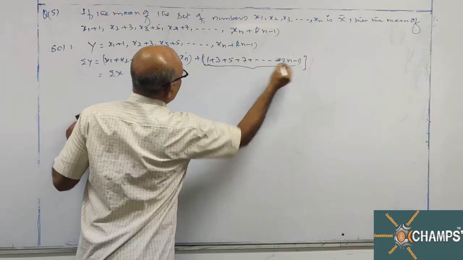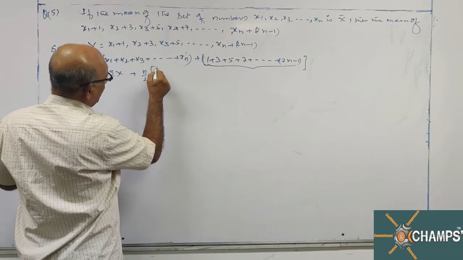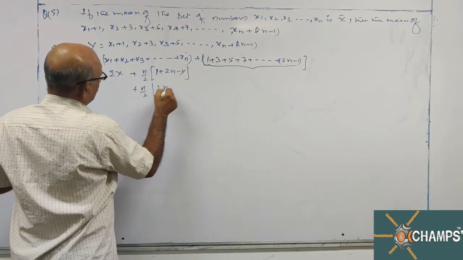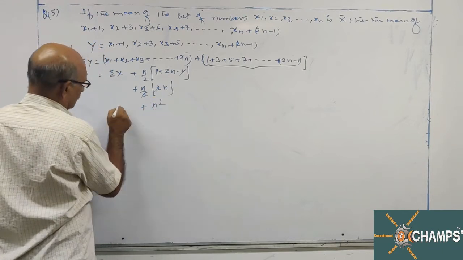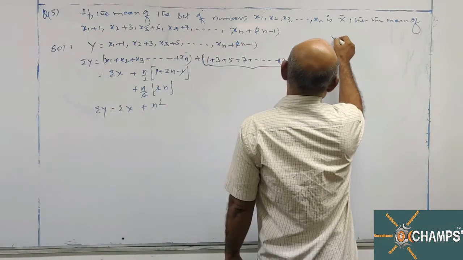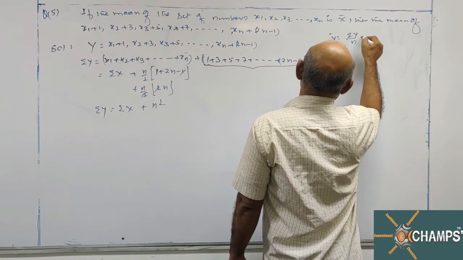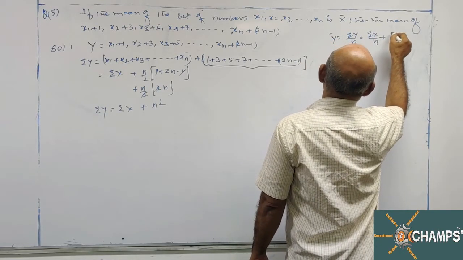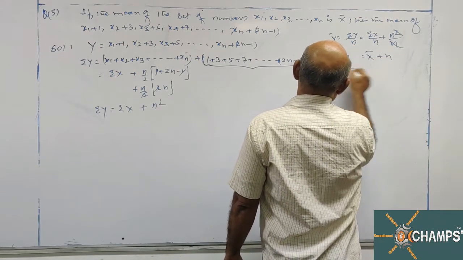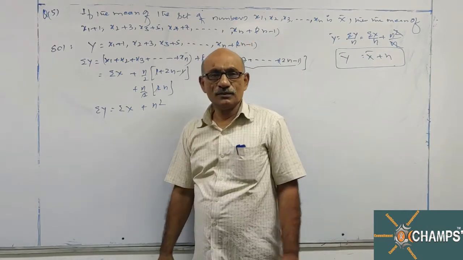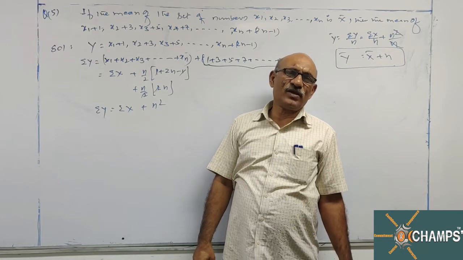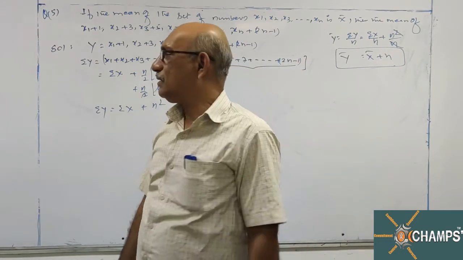It is in arithmetic progression. Number of terms is n, sum is n by 2 into first term plus last term. So y bar is equal to summation of y by n, summation of x by n plus n square by n, x bar plus n. How simple it is. When odd numbers are added, their mean should be added to the final answer. Even numbers are added, even numbers mean is added. Fine.